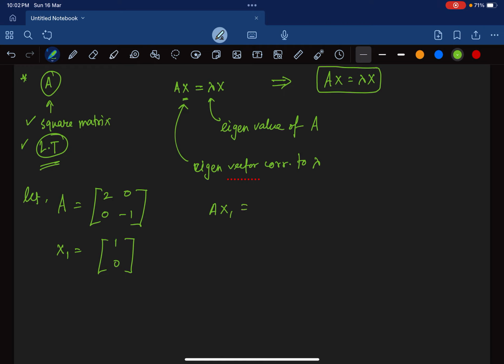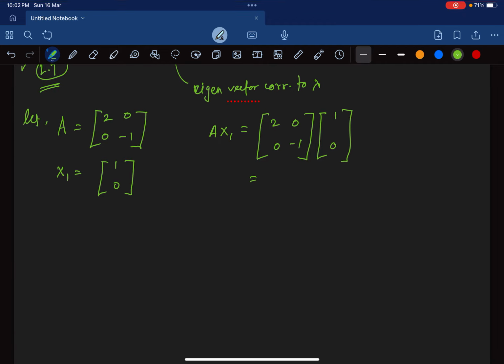Now A times x1: do the matrix multiplication, and you get (2, 0), which is 2 times (1, 0), which is nothing but 2 times x1. That means Ax1 equals 2x1.